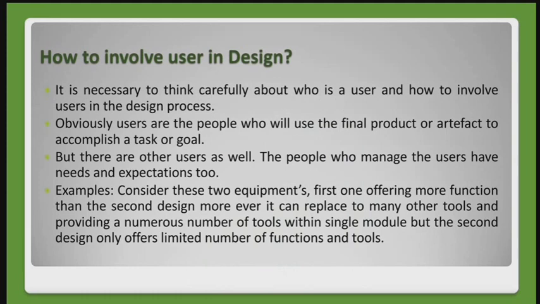So how are users involved in the design? Not only that example, you can take any example, like some special types of mobile phones they are making. So how are users involved in our design? It is necessary to think carefully about who our user is.